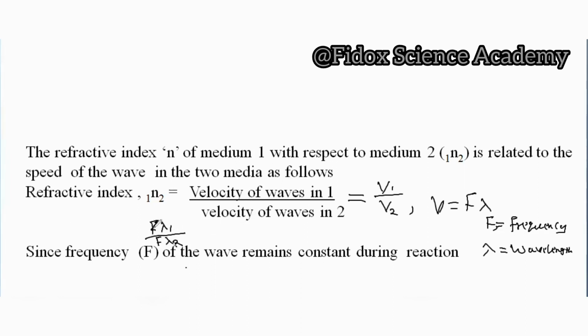So if f cancels f, then we will now have that the refractive index in medium 1 with respect to medium 2 will now be lambda 1 all over lambda 2. That's wavelength in medium 1 all over wavelength in medium 2. So these two equations can be used to calculate the refractive index of a wave when it moves from one medium to the other.